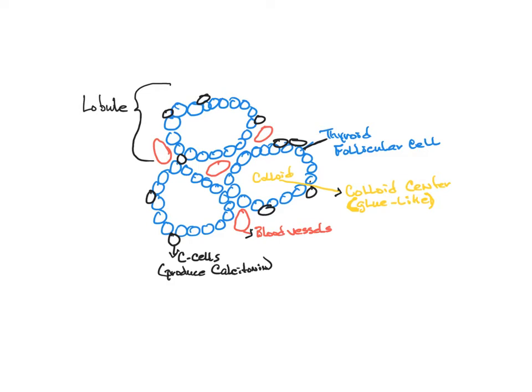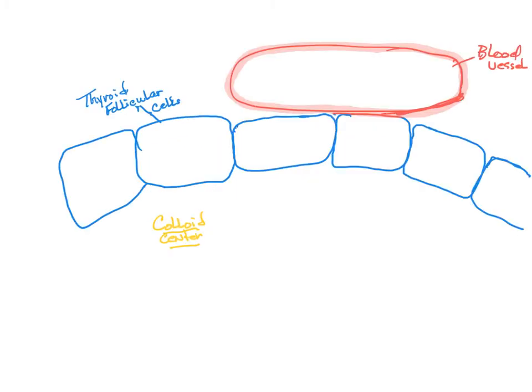Now, if we take a section of this, let's just say we're going to pull out this section, and we'll pull it over here and magnify it so that we can take a look at what's going on within this structure. This is just magnified so you can see these thyroid follicular cells. Inside we have our colloid, and then our thyroid follicular cells, and then we have our blood vessel that is bathing these.